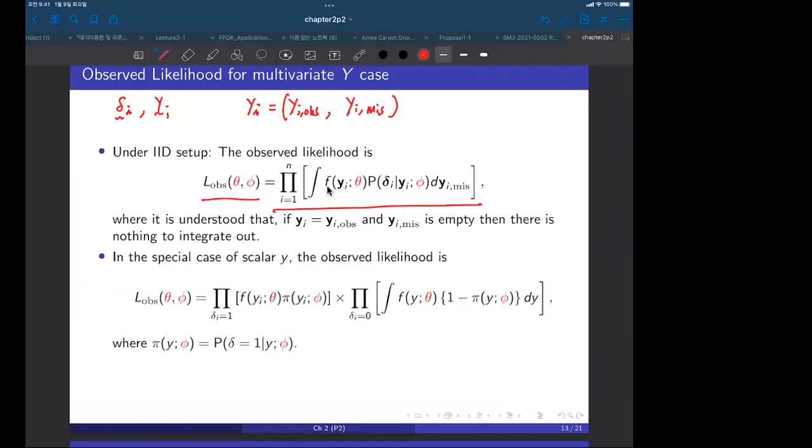Using the data you want to maximize this with respect to zeta. But the problem is that if you solve this, it depends on the unknown parameter phi, which is not pleasant, because phi is unknown.